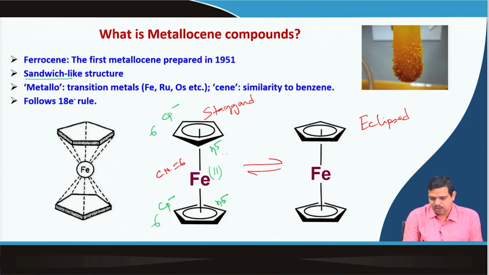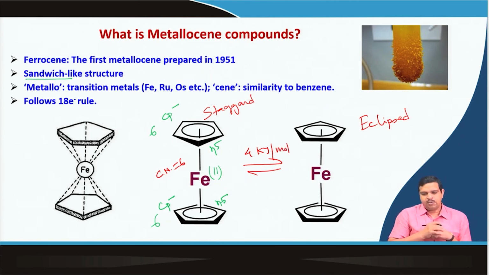The difference in energy between staggered and eclipsed is around 4 kilojoule per mole. In the solid state, the 2 Cp rings are just 9 degrees away from each other, so they are slightly slipped from the eclipsed position.